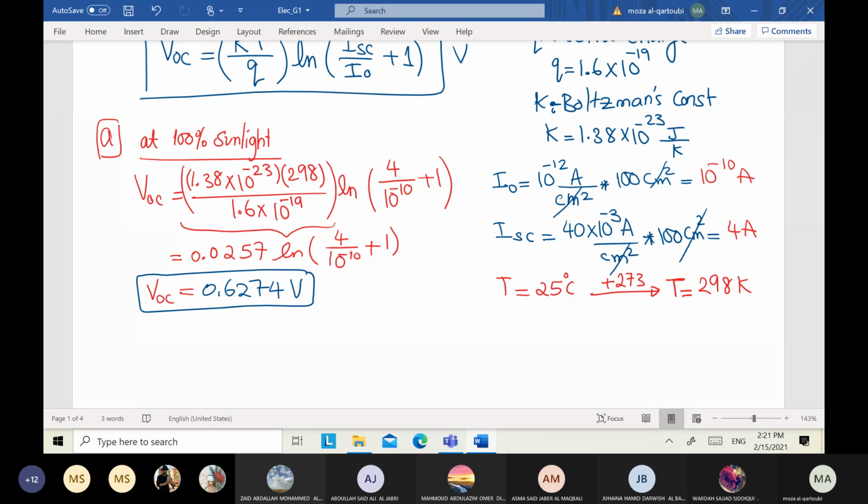So at 100% of sunlight it was 4 ampere. Now in 50% of sunlight it will be 50% of the value, so 50% of 4 will be 2 ampere. So this depends only on current, because the saturation current is the same. Only I short circuit changes.